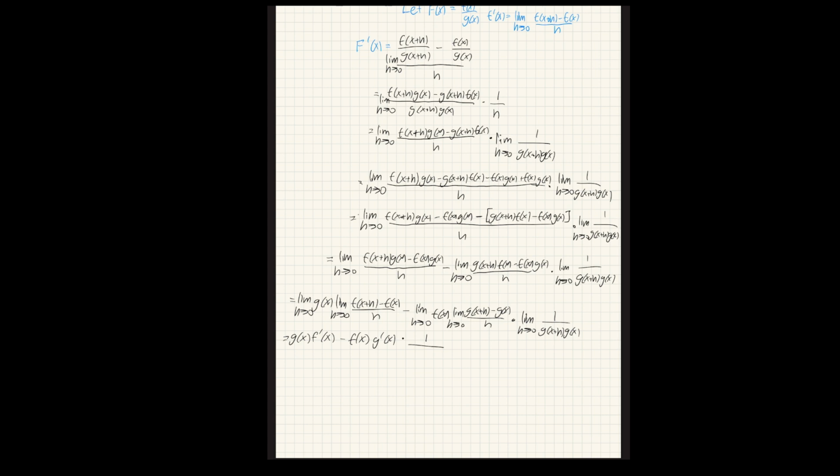So 1 over g(x) squared. And then simple combinations. You get g(x) f'(x) minus f(x) g'(x) over g(x) squared. And this is the quotient rule right here, proved and ready for you guys to understand.